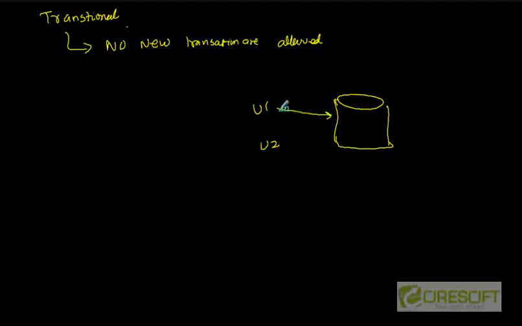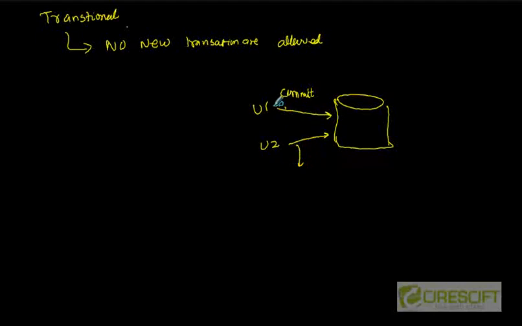Both are connected, and user 1 has just done a commit, and we have already given shutdown transactional, so the database is ready to be shut down. Once user 1 gives a commit, this user cannot do any new transaction, whereas user 2, who has not committed, can keep that transaction going.